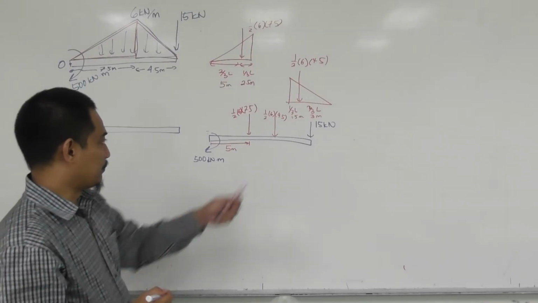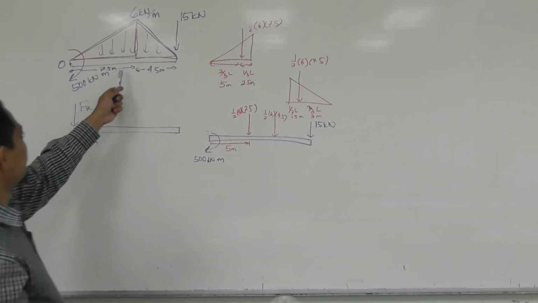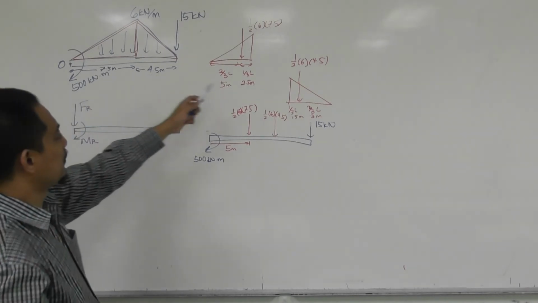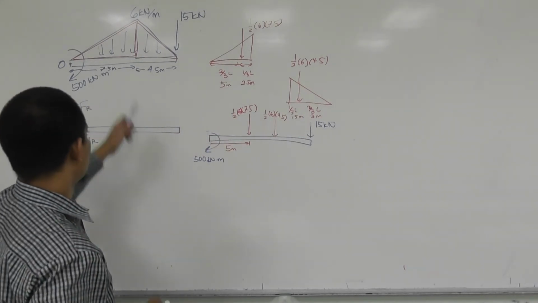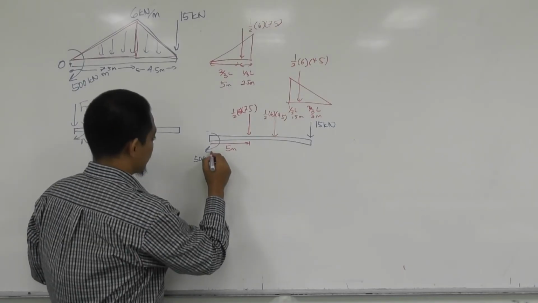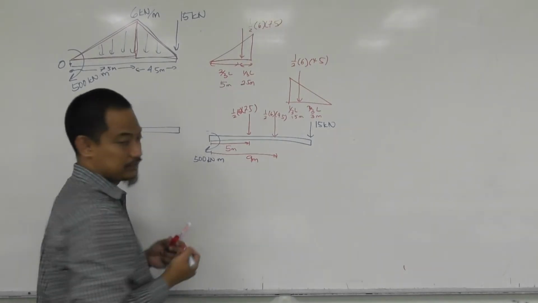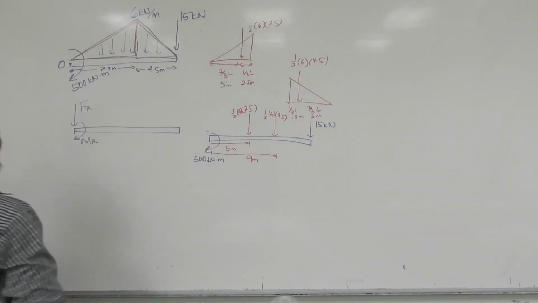So based on that 1.5, the total distance will be 7.5 plus 1.5 becomes 9. 9 from the end, so 9 meter here.